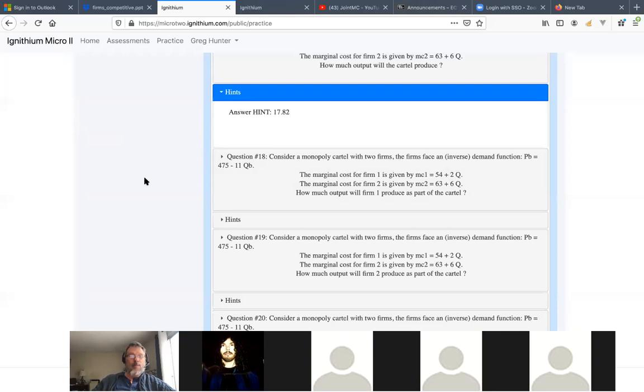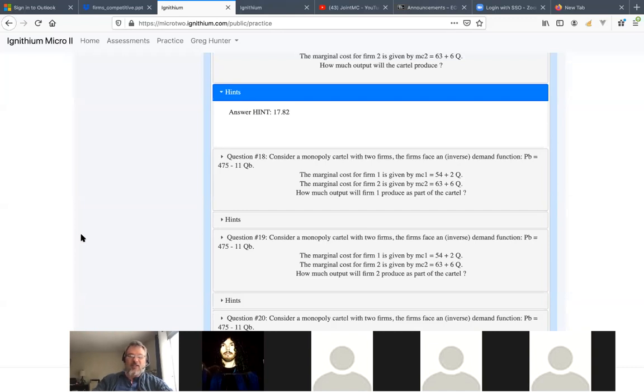Would we set the demand or the marginal revenue function to the firm one equation? Well, no. All you have to do is you have the equation for marginal revenue, right? So marginal revenue is equal, and I'm putting it in the chat right now, to 475 minus 22Q.